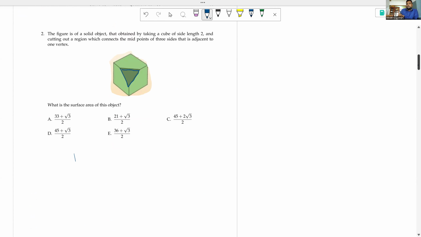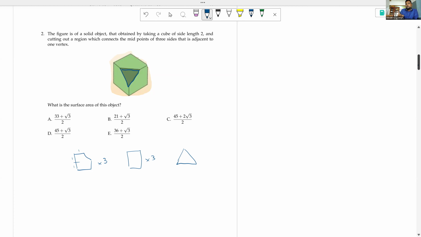So you will have 3 of these things, and then the other side, the 3 faces are not cut. So 3 of these things, and then the triangle.